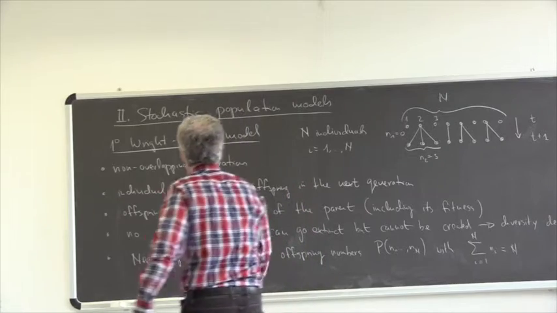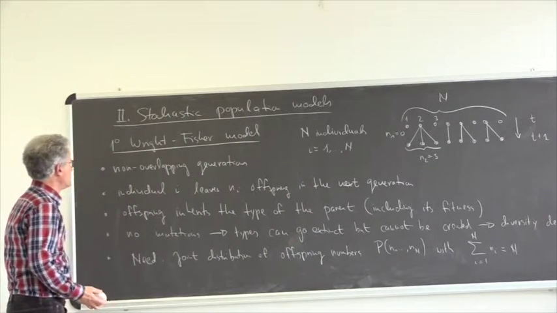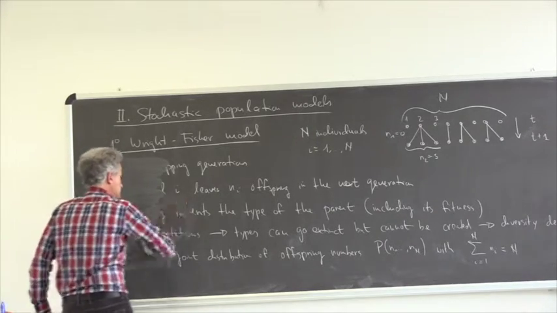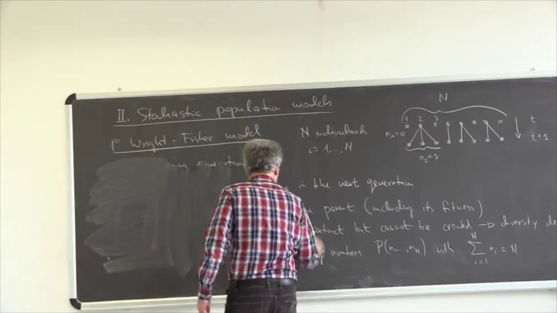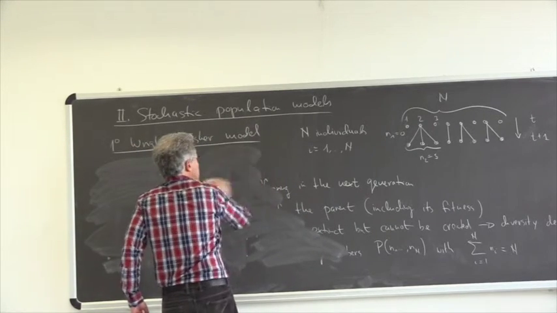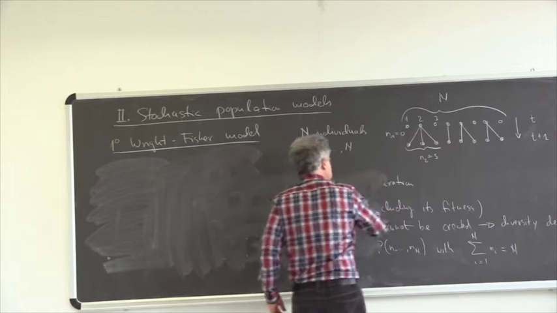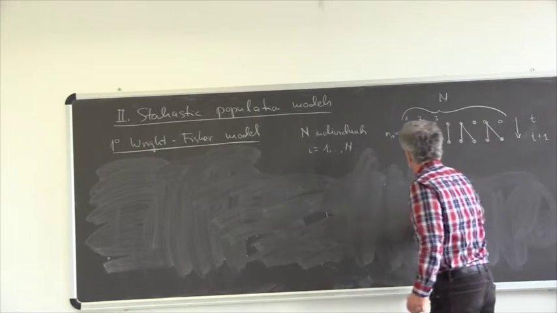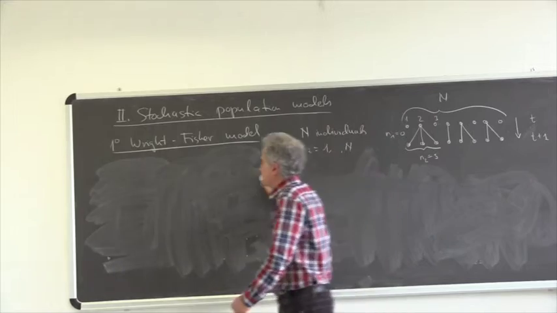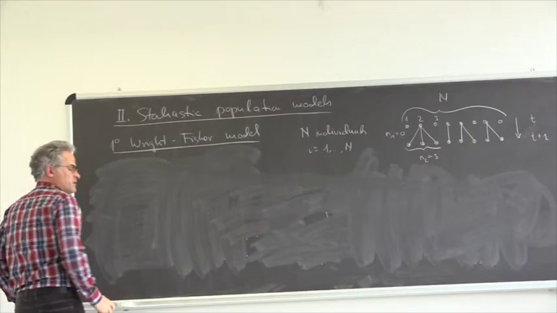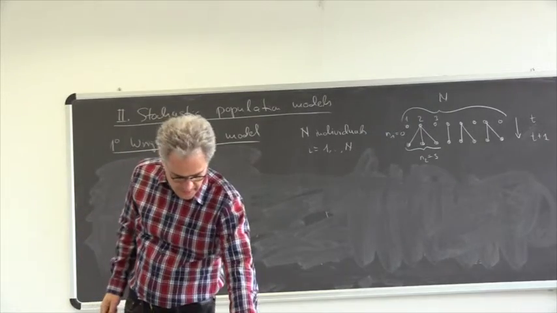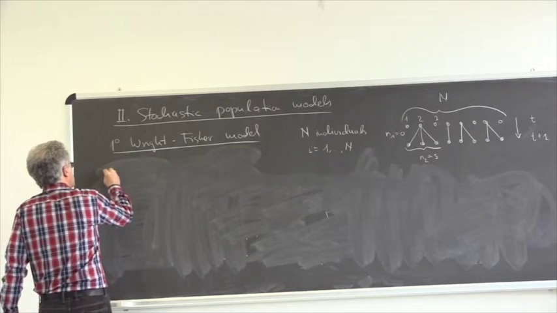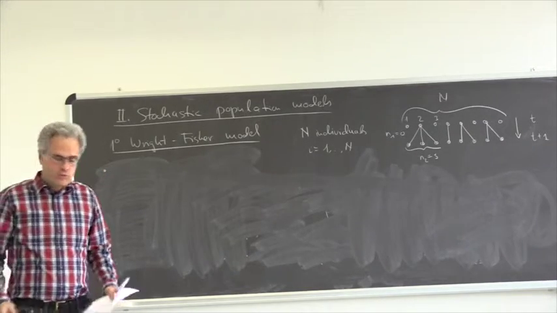Okay, so this is the idea, so let's now try to make this more formal. What one does in the Wright-Fisher model is to assume that the offspring numbers are Poisson distributed.